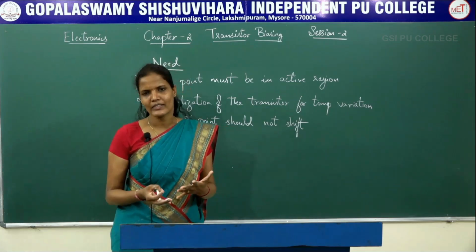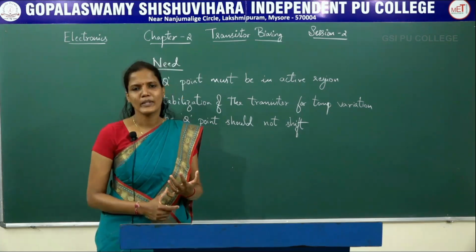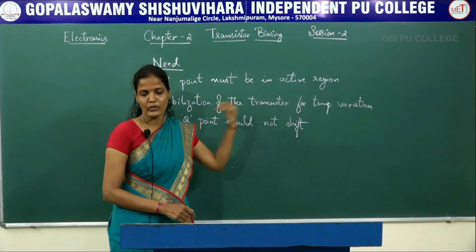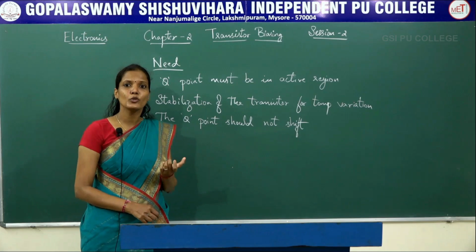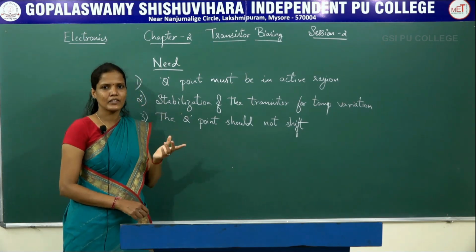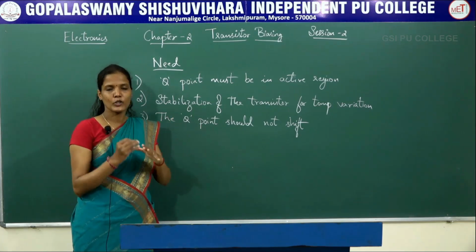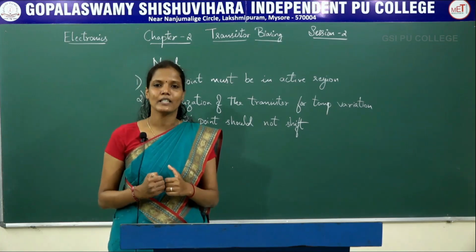Suppose we are using the transistor in a circuit. For some reason the transistor is destroyed, that can be because of the temperature. In that case, we have to replace the transistor with a new one of the same type. As we replace the transistor, the Q point should not shift from its position, either towards the saturation region or towards the cutoff region.